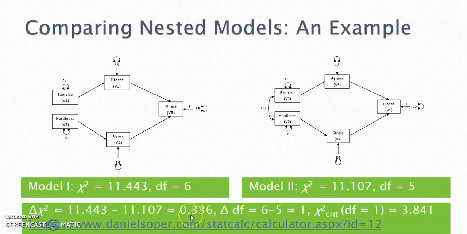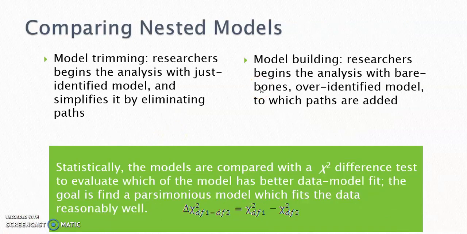Because the chi-square change is lower than the critical value, it serves as evidence that Model 1 and Model 2 have comparable fit. However, Model 1 is simpler than Model 2, so we would choose Model 1 as our better model. You can identify a better model by comparing model chi-square values in both model trimming and model building approaches, because in both cases you're comparing nested models.